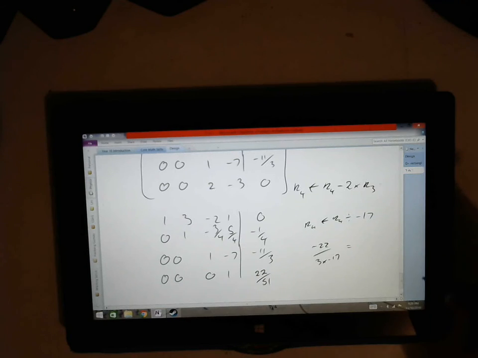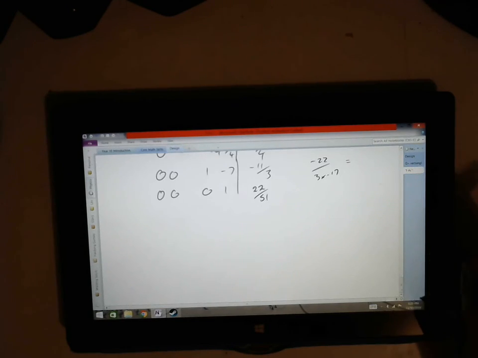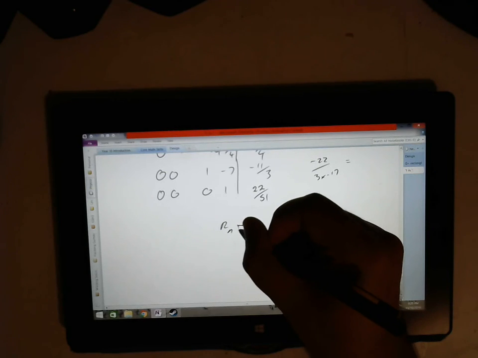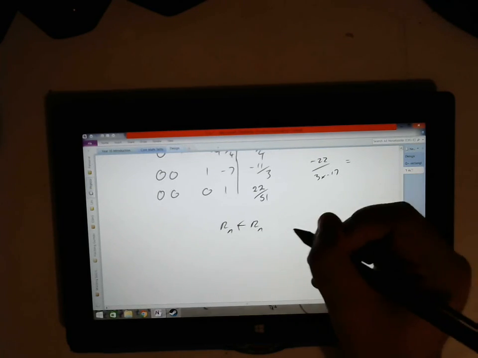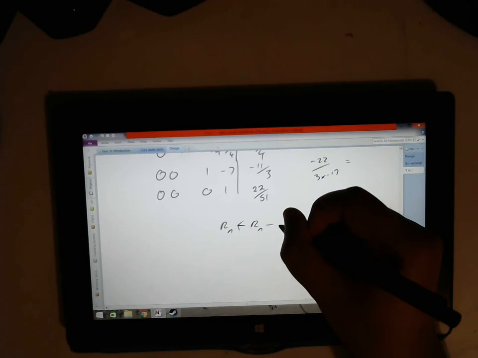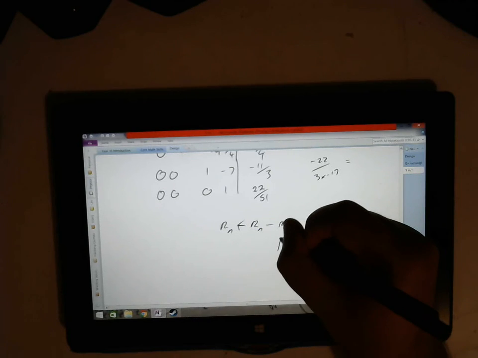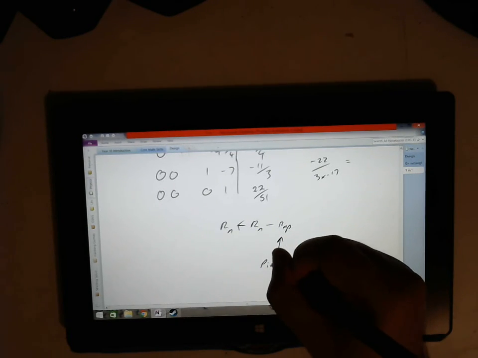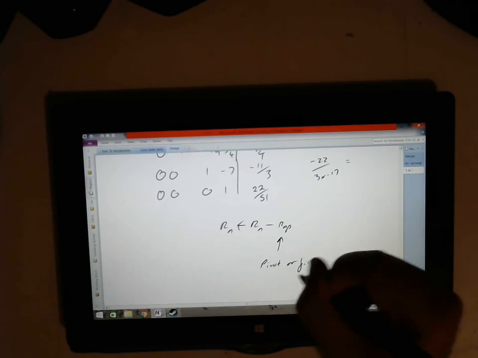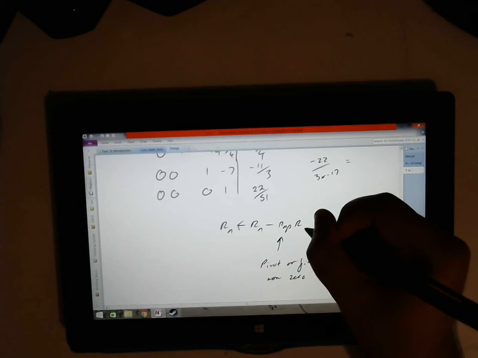So the rule to remember, though, is that if you're doing a replacement for Rn, what you're going to do is take your Rn value and subtract from it the pivot, which we'll call Rnp, the first non-zero, times R, let's go M instead.